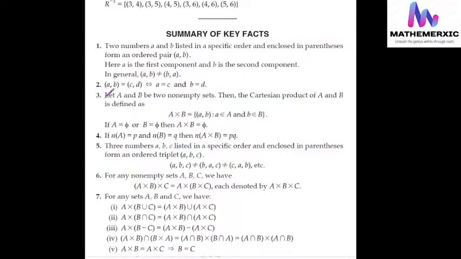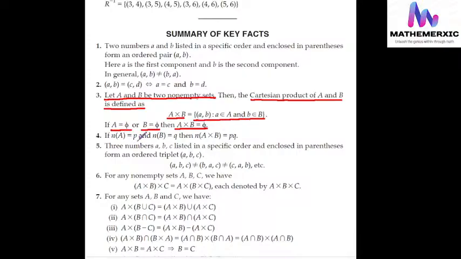So in this case, A and B are two non-empty sets. The Cartesian product of A and B is defined as the set of (a, b) such that a belongs to capital A and b belongs to capital B. If A is phi, this is the first thing, or B is phi, then the Cartesian product will be equal to phi.